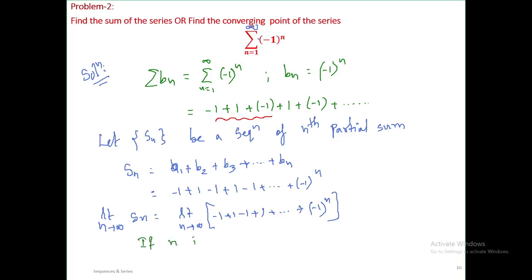If n is odd, what will I get? Let me take the first three terms only. The first one cancels with the second one, only minus 1 remains. Or you take 5 terms, again you will get minus 1 only. If n is odd, you will get minus 1. If n is even, let me take 4 terms, all are cancelled out, so I will get 0. So two limits exist.